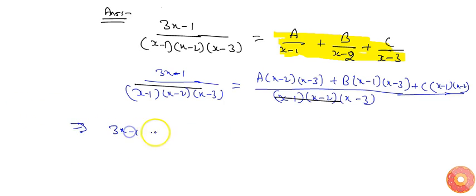3x minus 1 equals, if I solve this expression, I'll get A plus B plus C times x square, plus from here I will get minus 3x plus 2x, which is minus 5x.